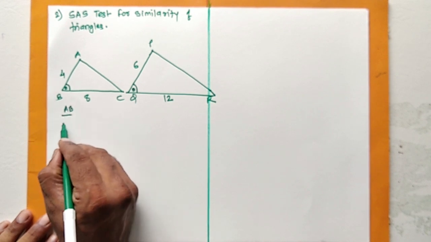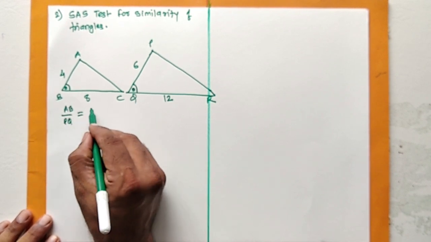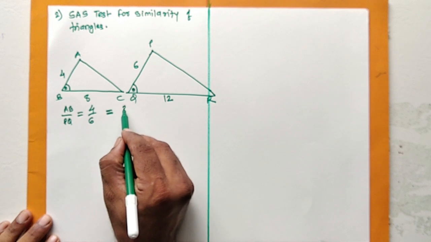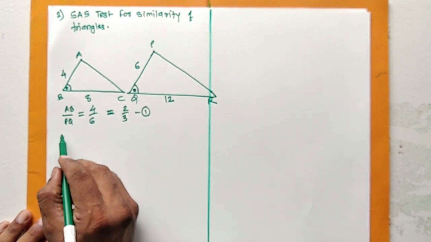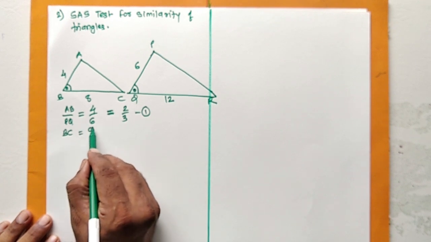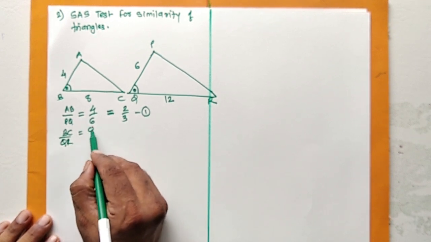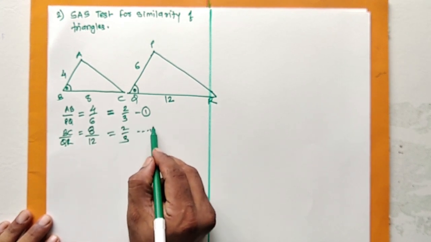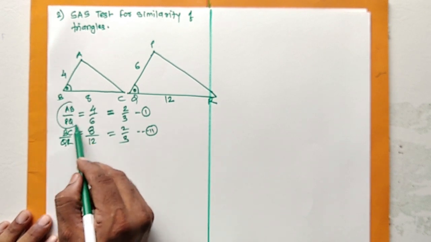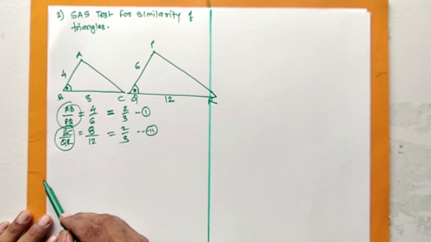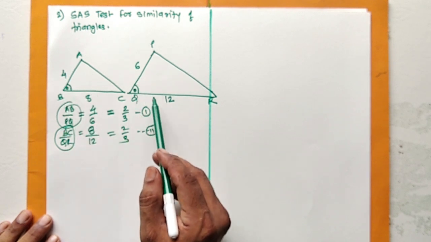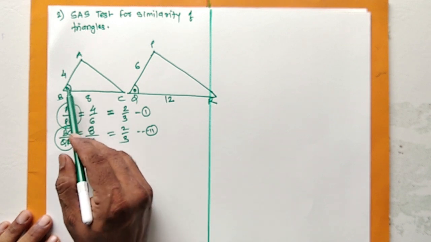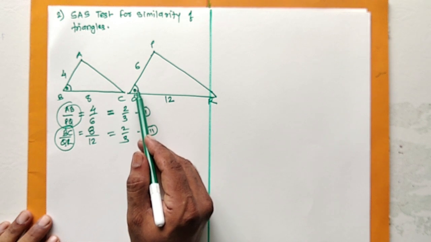AB upon PQ is 4 upon 6, in simplest form 2 upon 3. Number 2, BC upon QR is 8 upon 12, which is 2 upon 3. From 1 and 2 the ratios are equal. Therefore, the corresponding sides of the two triangles are in proportion and the included angles are congruent.